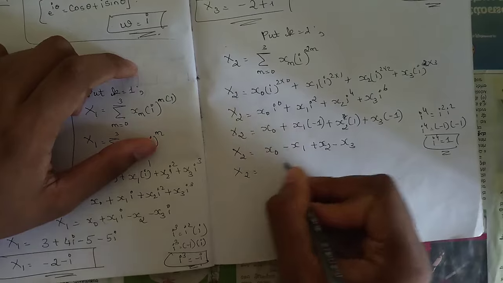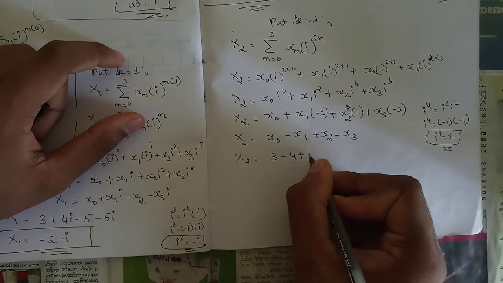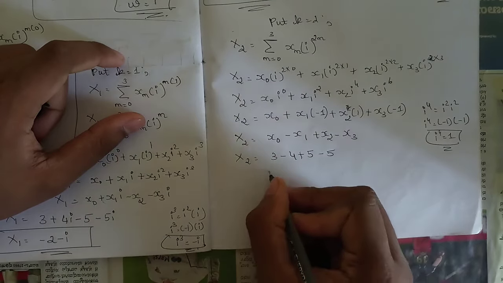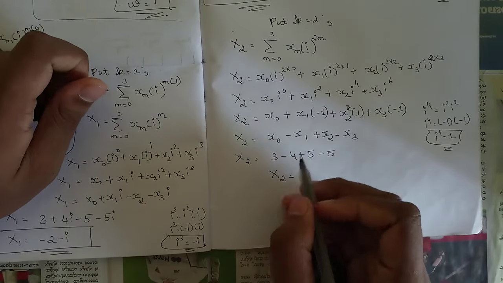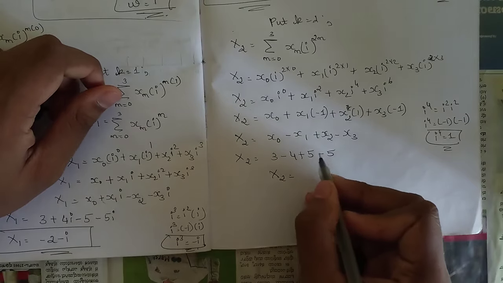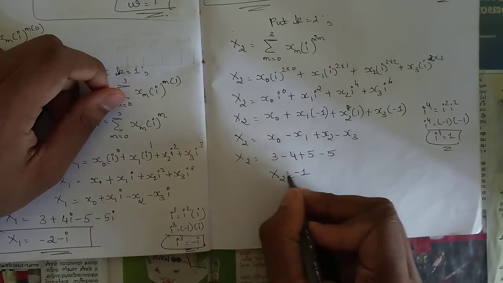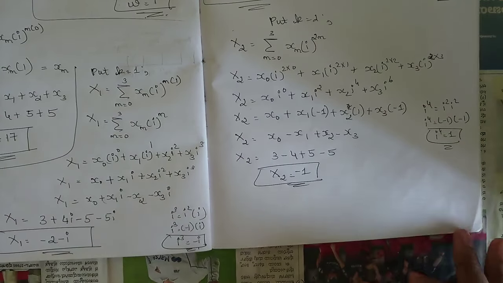Now substitute the values for x0, x1, x2 and x3: 3 minus 4 plus 5 minus 5. So the value of x2 which we are getting is 3 minus 4 is minus 1, minus 1 plus 5 is plus 4, and 4 minus 5 is minus 1. Now we have found the values for x0, x1, x2 and x3.